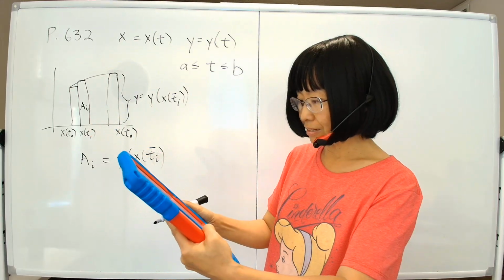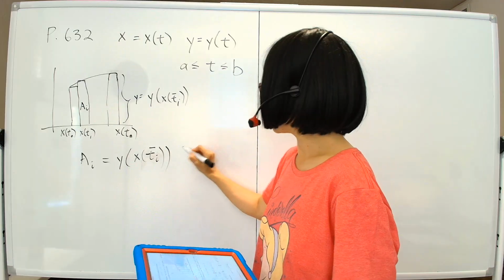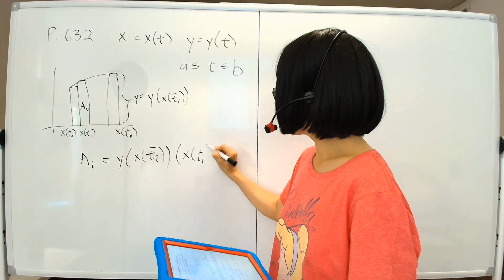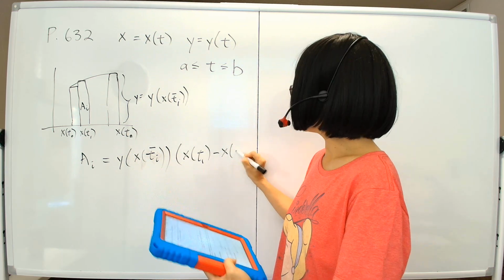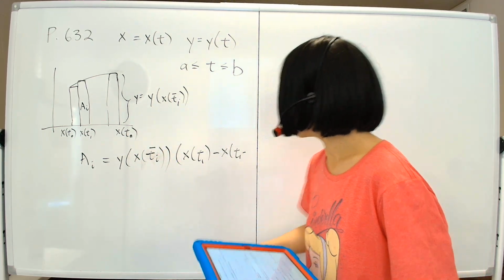So that's the length. The width is then x of t_i minus x of t_{i-1}. The minus 1 is incrementing i.